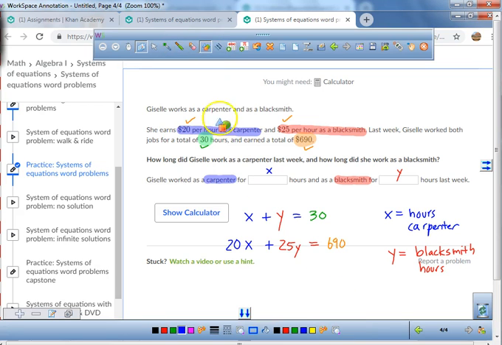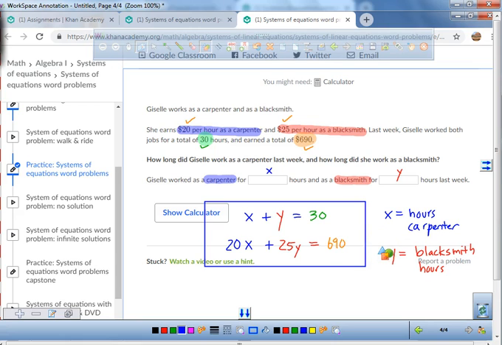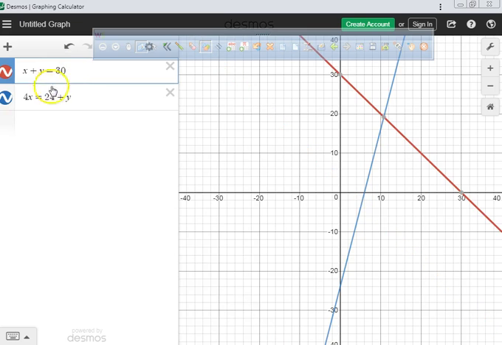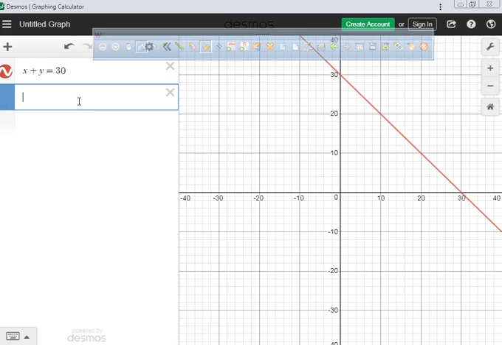Now all we've got to do is just type it in Desmos. If we want to use the elimination method, we can multiply by -20 or -25 and add the equations together. But we're just going to type it in Desmos to see what our answer is. So we're going to put x plus y equals 30. Then we're going to type in 20x plus 25y equals a total of 690.